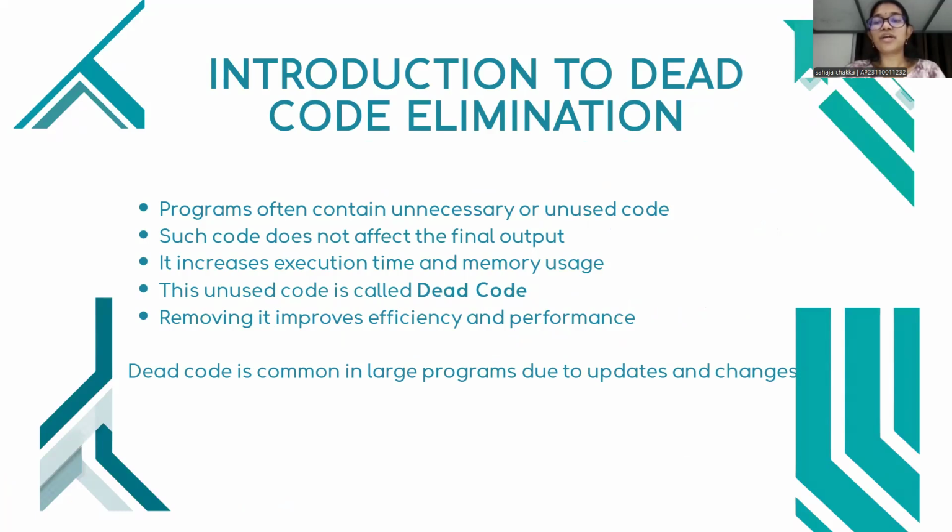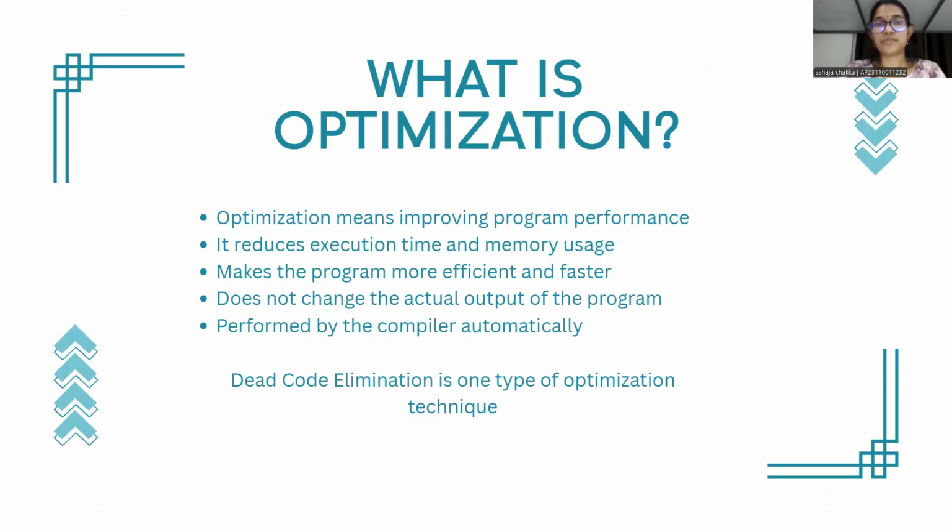This type of code does not affect the final output, but it still consumes memory and processing time. This unused or unnecessary code is called dead code. Dead code can make programs slower and harder to understand. Therefore, removing dead code is very important for improving program efficiency.